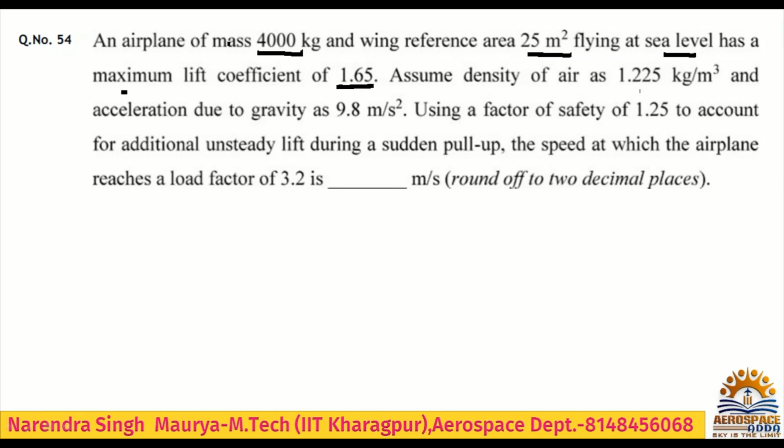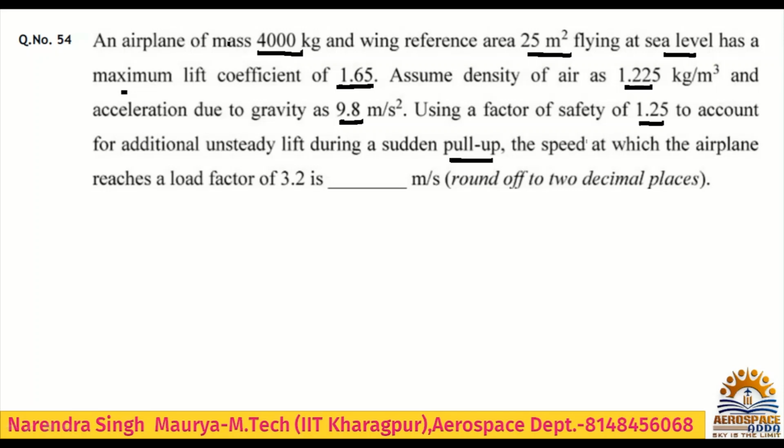Assuming density of air, this sea level density, 1.225 kg per meter cube, and acceleration due to gravity 9.8 meter per second square. Using a factor of safety, they have given 1.25, to account for additional unsteady lift during sudden pull-up. Okay, this is the pull-up. The speed at which the airplane reaches a load factor of 3.2 is.